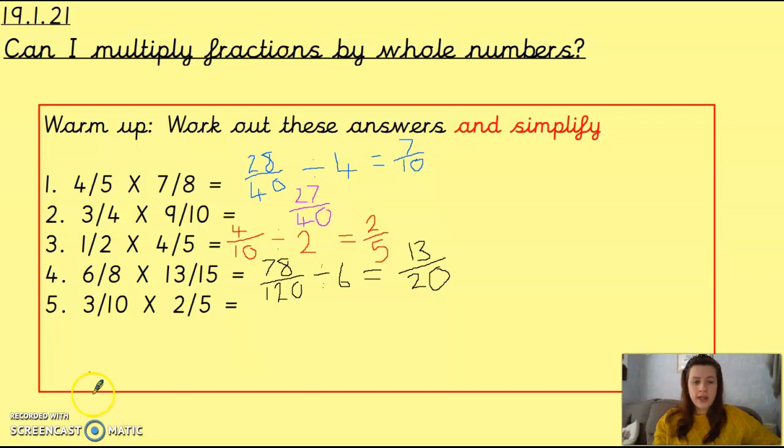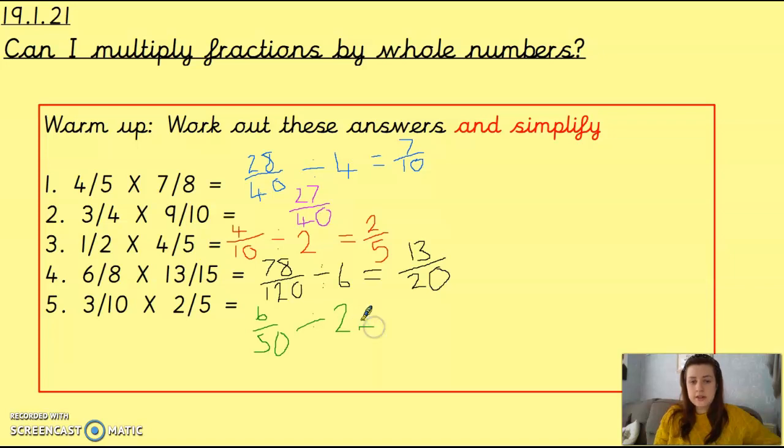And then our final warm-up question, so we've got 3 times 2, which would give us 6. We've got 10 times 5, which would give us 50. So it would give us 6/50ths. And then we'd look for a common factor in both, which would be 2.